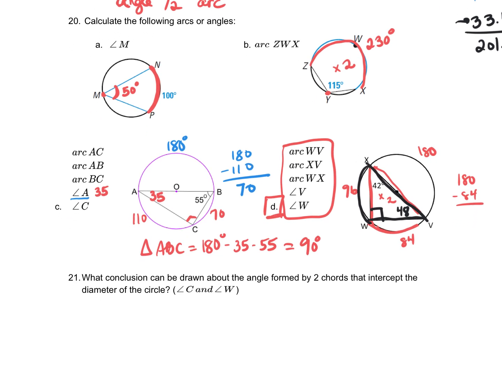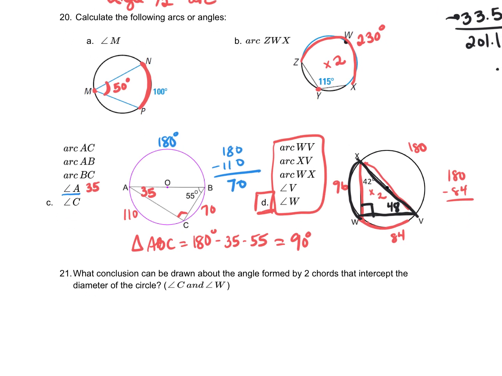So question 21 asks us, what conclusion can be drawn about the angle formed by two arcs that intercept the diameter? So two arcs, that would be XW and XV. They both intercept the diameter.